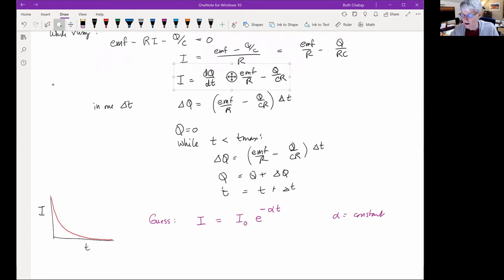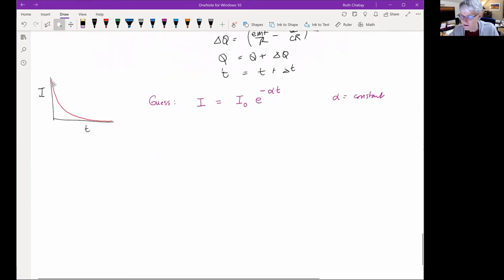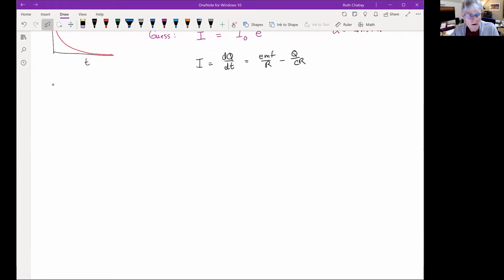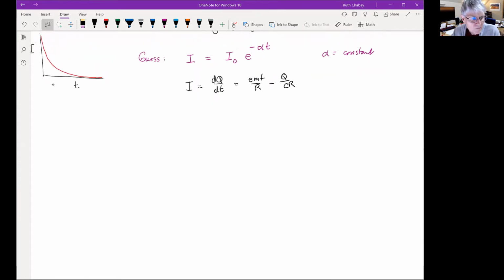I is dq dt, which is equal to EMF over R minus Q over C times R. So let's differentiate. What would happen if we took di dt?